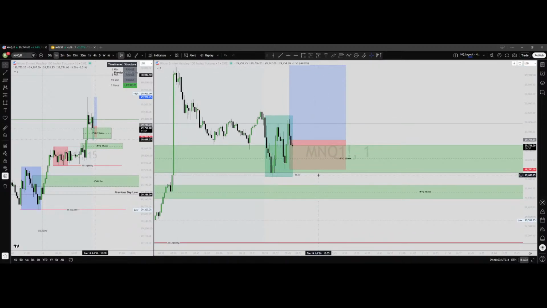We got an inversion, not a good sign, but let's see.